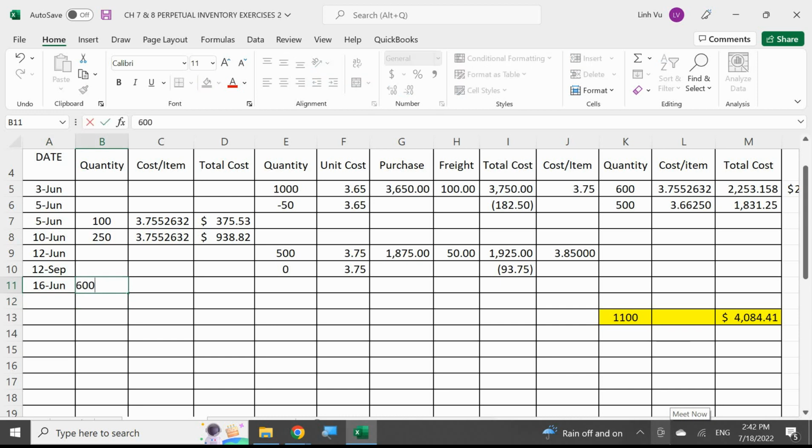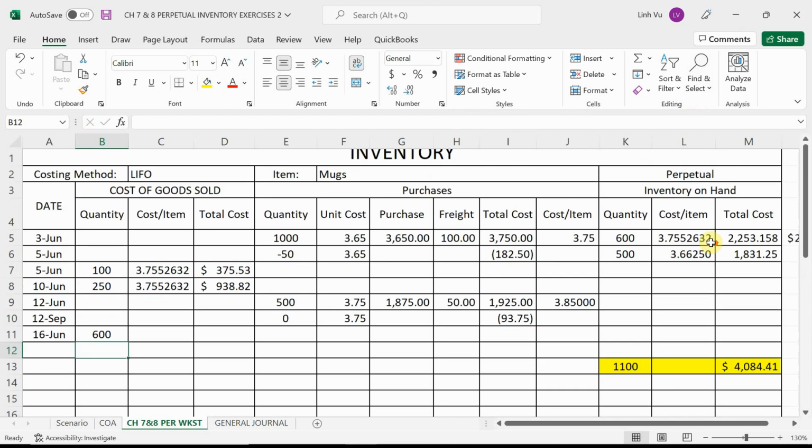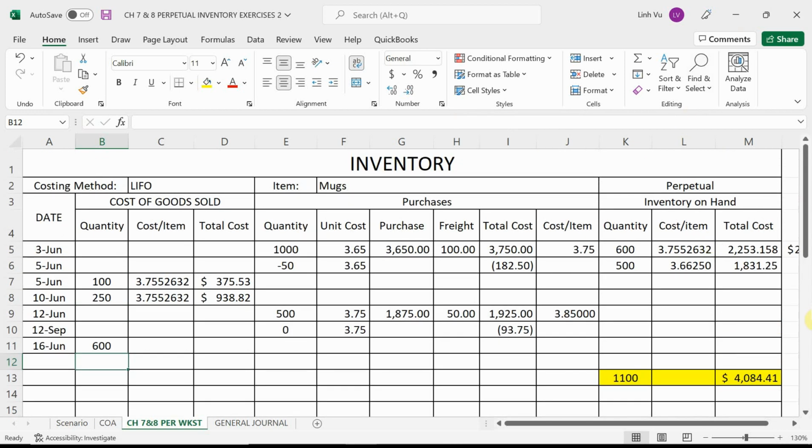So let's take a look at my inventory, right? If I'm using the rules of LIFO, which batch am I going to sell first? The most recent one. The most recent one at 500 units at a grand total of 1831.25. In this case, am I going to get rid of all of it or some of it?